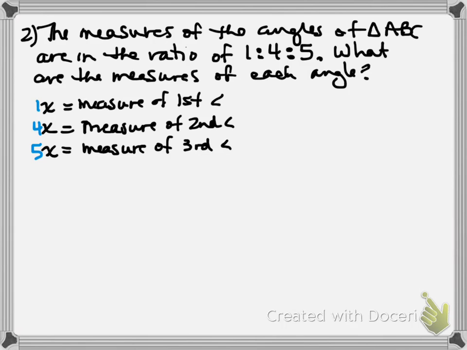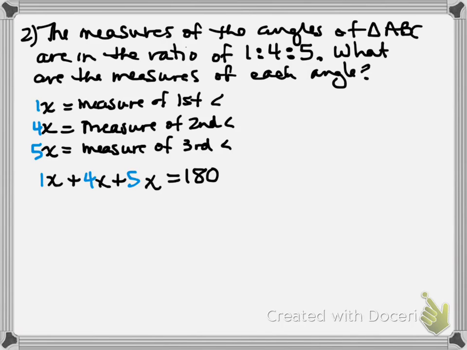Okay, so what do we know is true about the measures of the angles of a triangle? What do they equal? They equal 180. So I'm going to take those 3 angles and I'm going to add them up. So I have 1x plus 4x plus 5x equals 180.